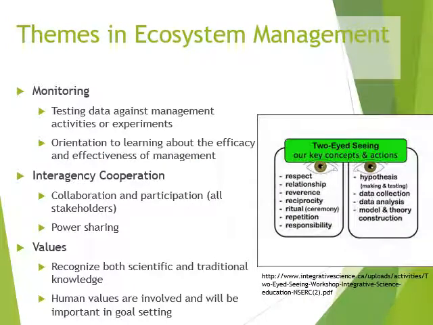Monitoring, so being prepared, like specifically prepared to learn from what's happening in the system when we intervene in it. Again, that goes back to adaptive management, but it's a general theme in ecosystem management overall.